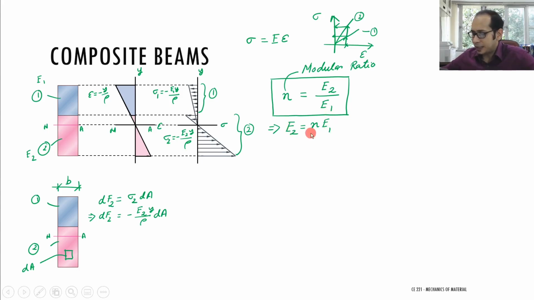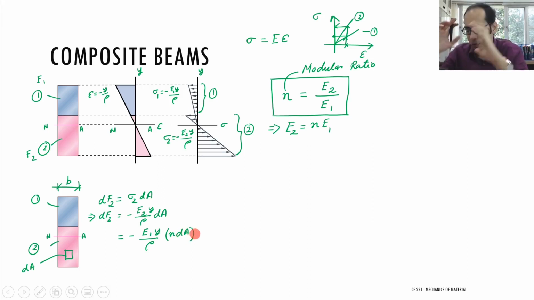So if I plug this back over here, this particular formulation reduces to minus E1 times y divided by rho times n dA. So this is important now. What do we see?